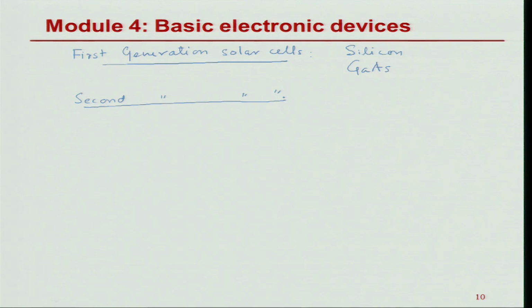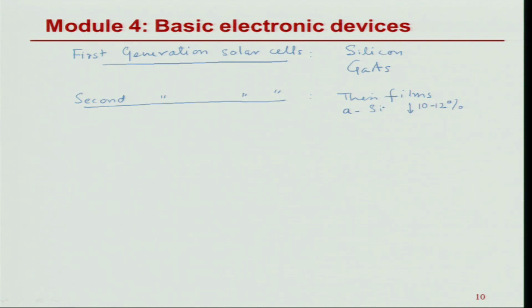So, the kind of materials which were used were thin films. As I mentioned, almost 40% of the cost is in the silicon. So, with thin films of amorphous silicon, efficiency goes down to almost 10 to 12%, but the amount of silicon you are using is much less. So, the cost is reduced quite a lot.